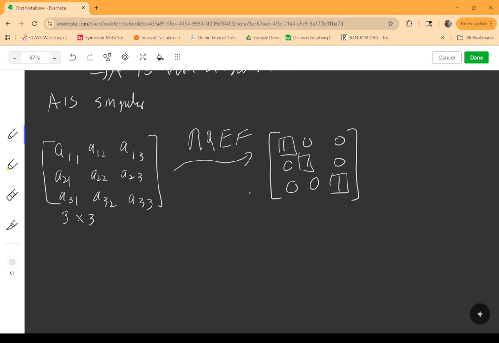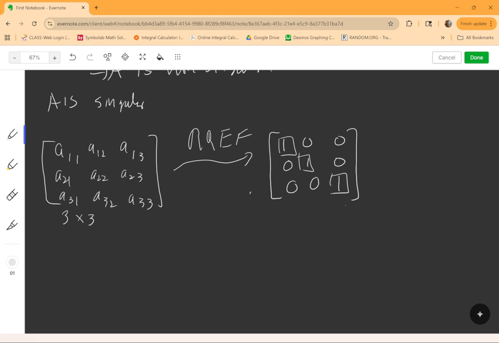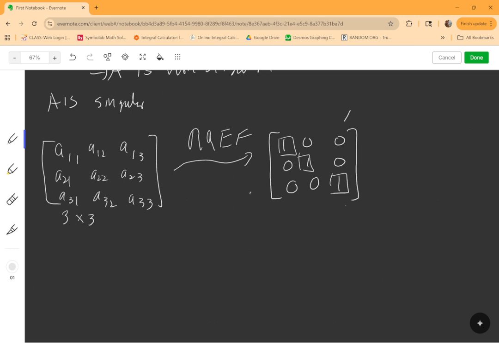That would make it a non-singular matrix. Now, as it turns out, this type of matrix in reduced row echelon form has a particular name: we call that an identity matrix.